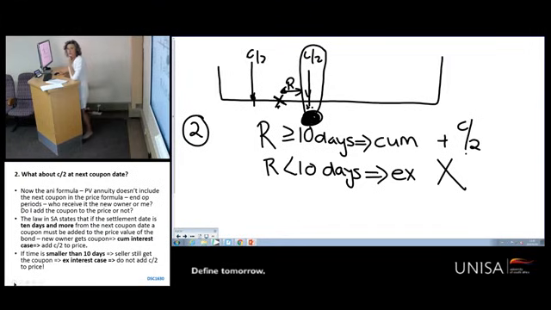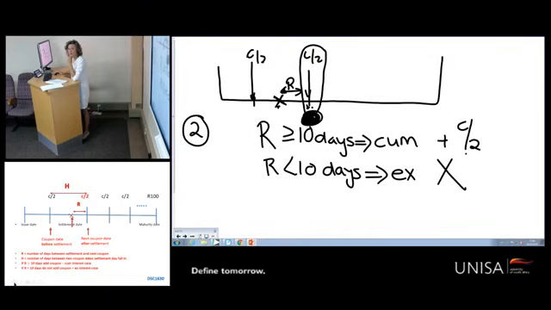Okay, so that's C over 2. Why? That's C over 2 at the next coupon date. That is not included in our formula, so we either have to add it or not, depending on whether the next guy is getting it or you. And we're looking at that value there, what we call our R value. So the R value is the number of days between the settlement date and our next coupon date.